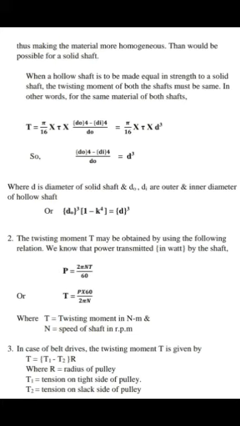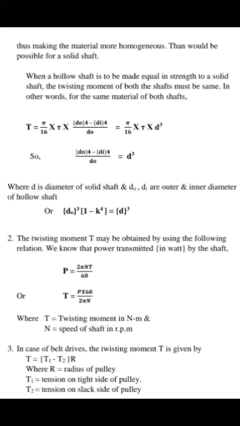Taking T by the first formula and T by the second formula and equating both. In other words, for the same material of both the shafts, T for the first case will be equal to pi by 16 into tau into (d0^4 minus di^4) upon d0, and T for the second case will be equal to pi by 16 into tau into d^3. Equating both, pi by 16 into tau into (d0^4 minus di^4) upon d0, as you are seeing in the notes provided, will be equal to pi by 16 into tau into d^3.